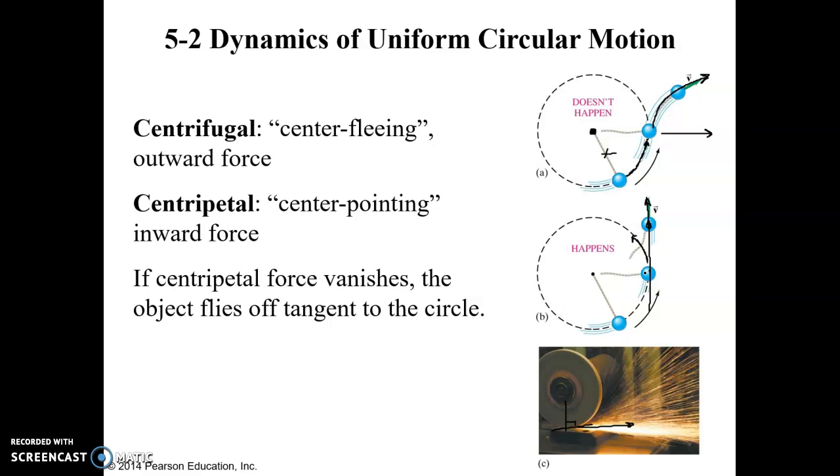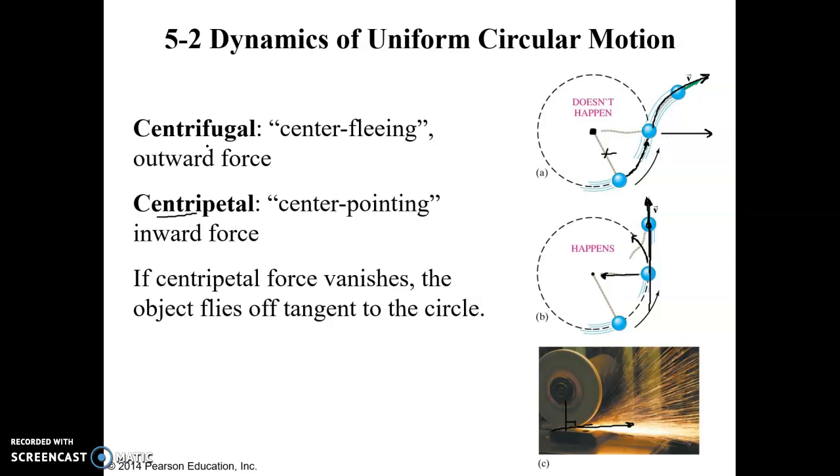If we were to let go of the string, or somehow the force keeping it on that circular path were to disappear, the ball would travel in a straight line tangent to the curve. And that is what centripetal means, because the force keeping it on that path is pointing towards the center. It's center pointing, and if it were to go away, the object would fly off in a tangent direction.